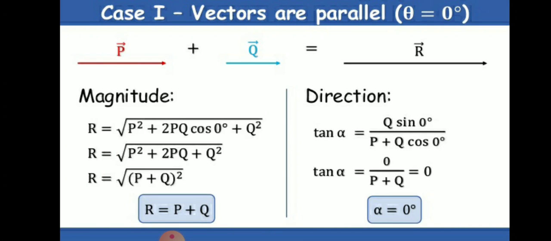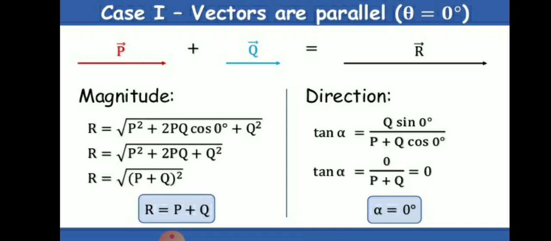Now let us see the special cases. Case 1, vectors are parallel. If the two vectors P and Q are parallel to each other, then the resultant vector is also in the same direction, and the angle theta is equal to 0 degree. Now let us see what magnitude and direction we get by using the formulas we derived in the previous slides.